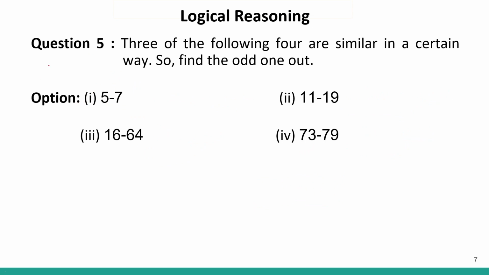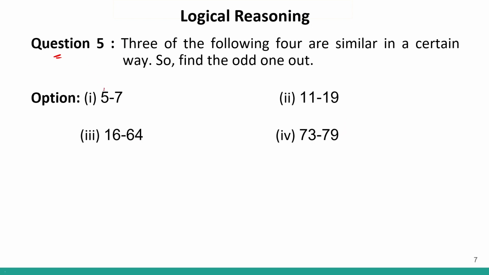Now, question number 5. In question number 5 again, 4 options are given to us and we have to identify which of these is the odd one out. So if I look at option number 1, we have 5 and 7. Correct? If I look at 11 and 19, we have 16 and 64 and we have 73 and 79.